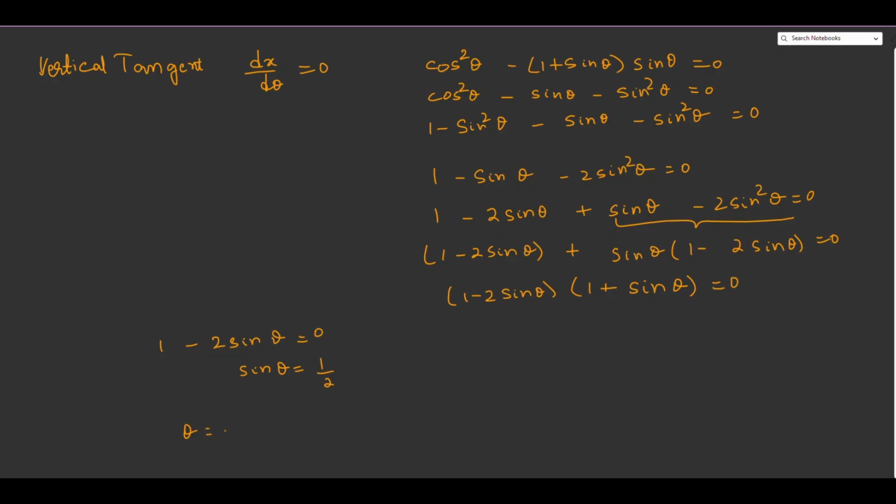Theta equals pi by 6, and also pi minus pi by 6, which is equal to 5 pi by 6.